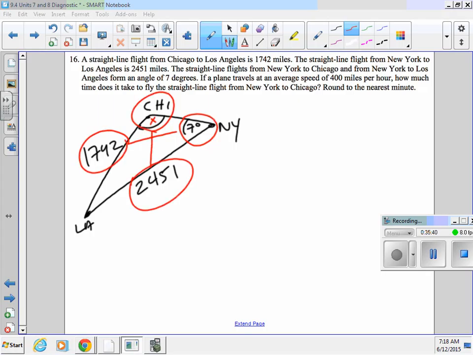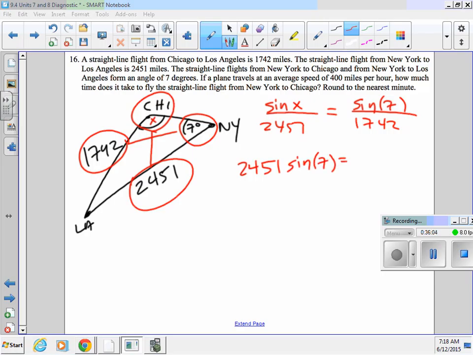I'll call this angle x. So I have sine of x over 2451 equals sine of 7 over 1742. So I get 2451 sine of 7 equals 1742 sine of x. And I'll divide by 1742.